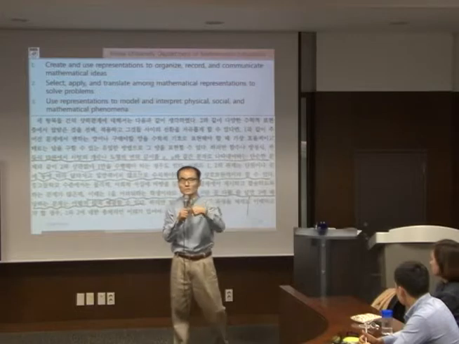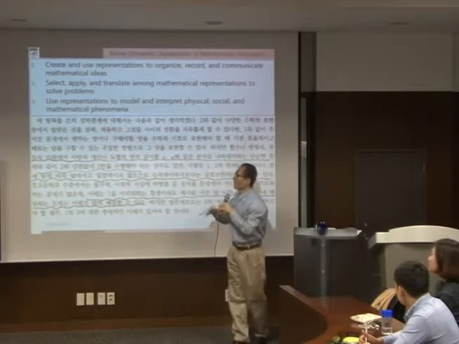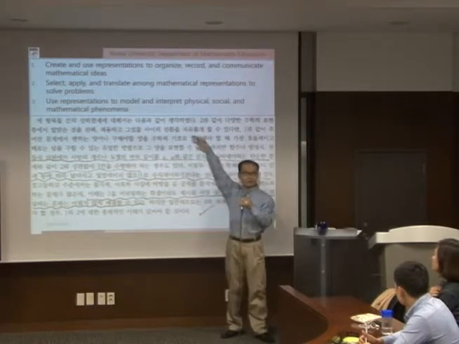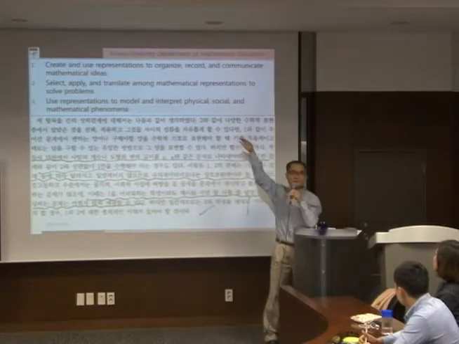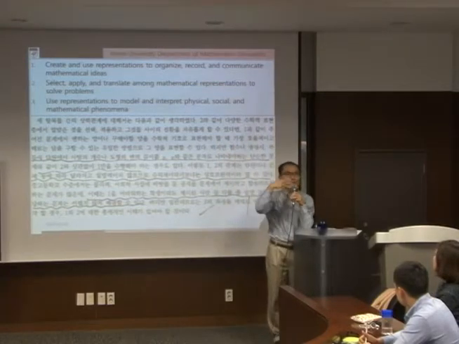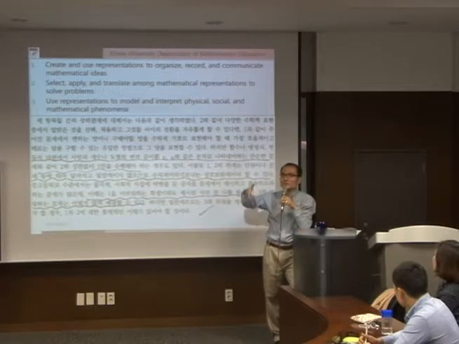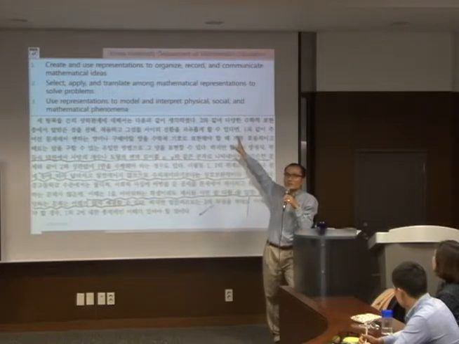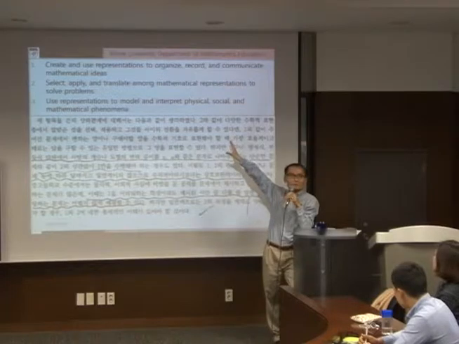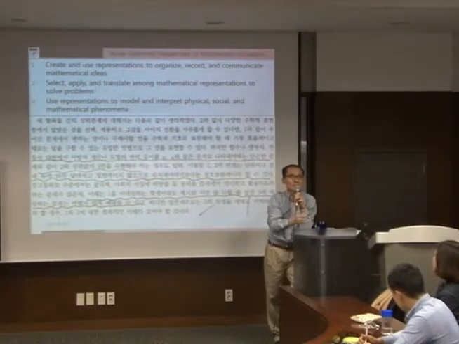Just think about your experiences. That's why the NCTM standard intentionally expressed 1, 2, 3. However, they never discussed hierarchy in the NCTM standard. Make sense to you? Because of that kind of dilemma.